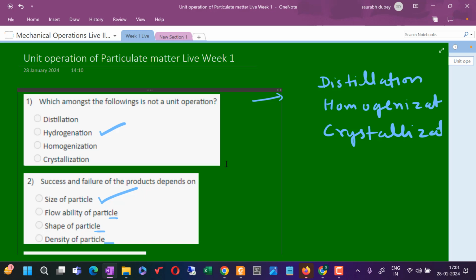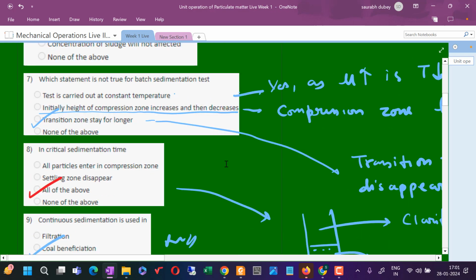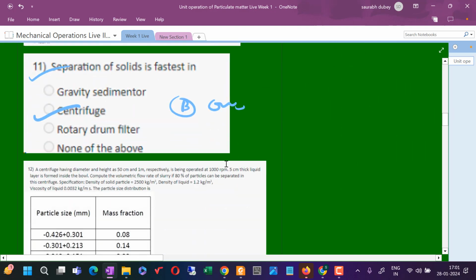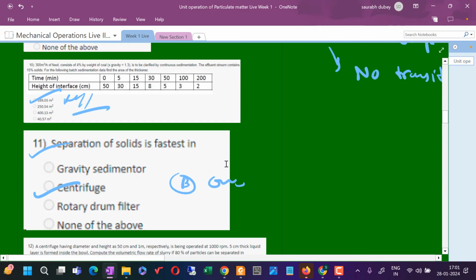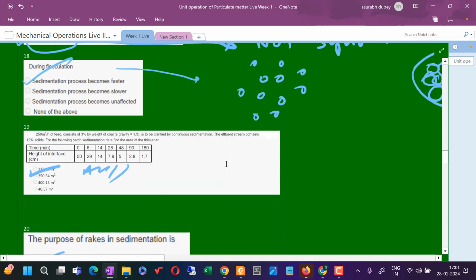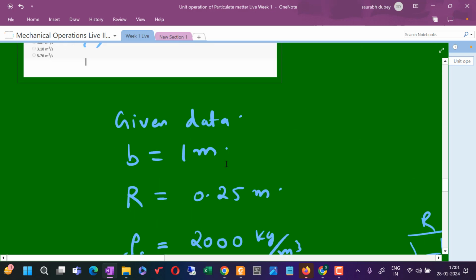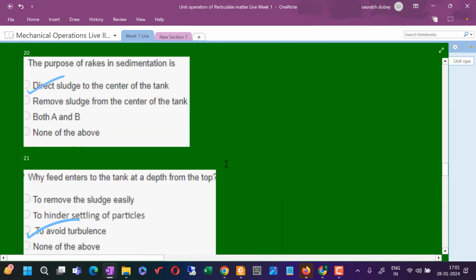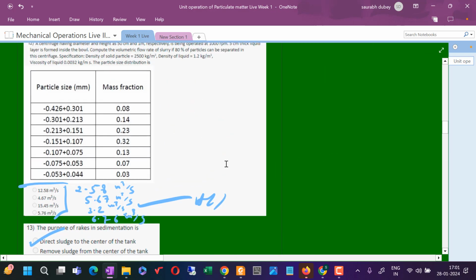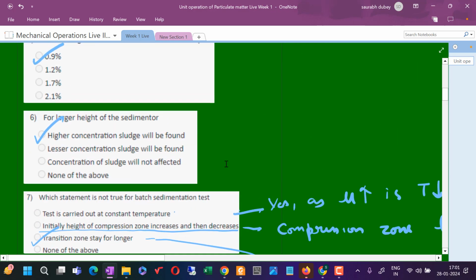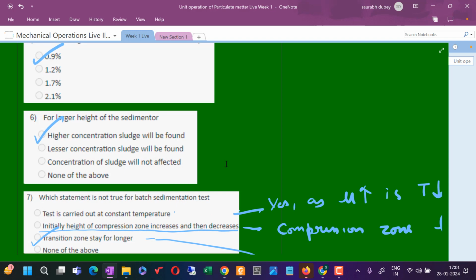We solved four numerical problems; I have shown you the solution and also solved along with you. Then there were theoretical questions from the lecture discussion and some standard books kept in the reference of the course content. And this is all for today's lecture.